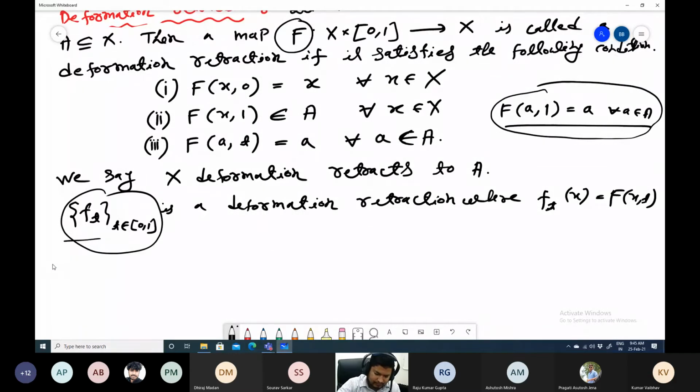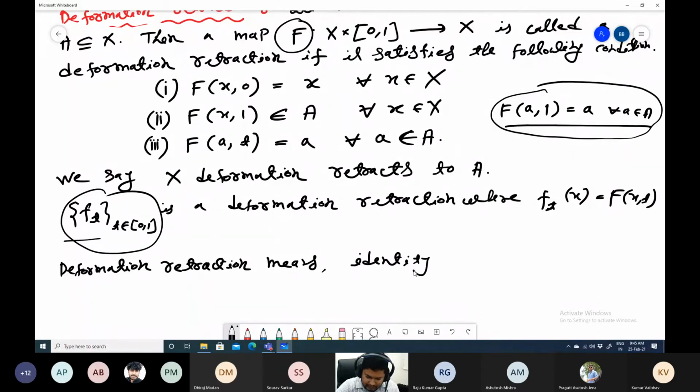So in this case, deformation retraction actually means the identity is homotopic to a retraction.